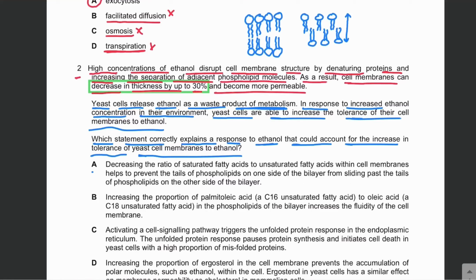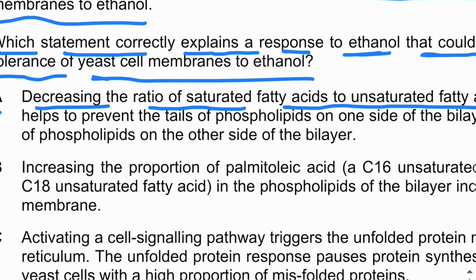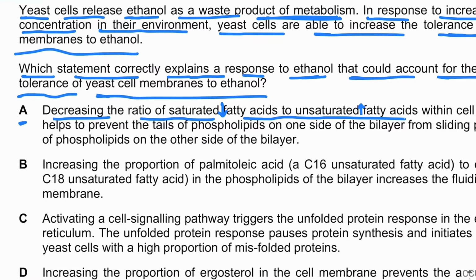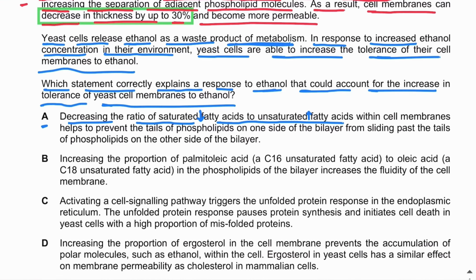Let's look at option A, decreasing the ratio of saturated fatty acids to unsaturated fatty acids, which means that saturated fatty acids are decreased and unsaturated fatty acids are increased within the cell membranes.